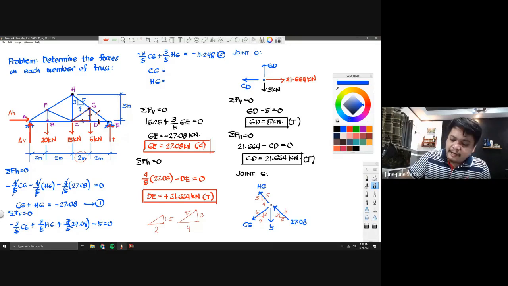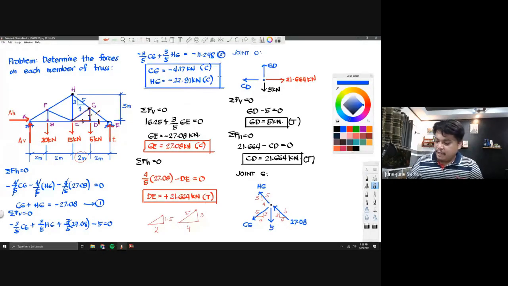So, you have here negative 4.17 kilonewton, and then you have here negative 22.91 kilonewton. What does it mean? Ibig sabihin, this is in compression, and then this is also in compression. So, si CG pala, dapat pa ganun. At saka si HG, baliktad. Dapat pala to, pag ganun naman siya.